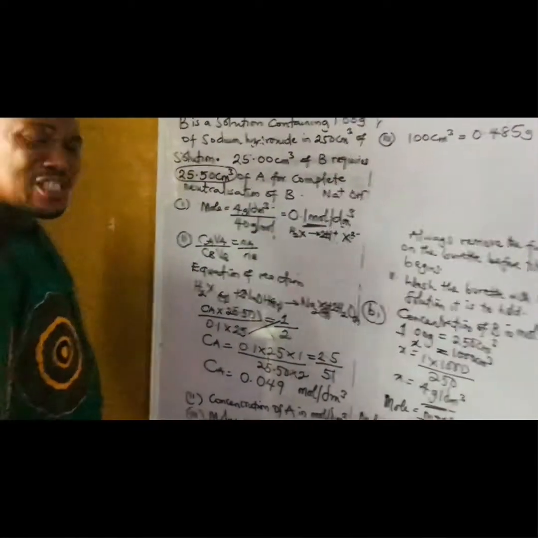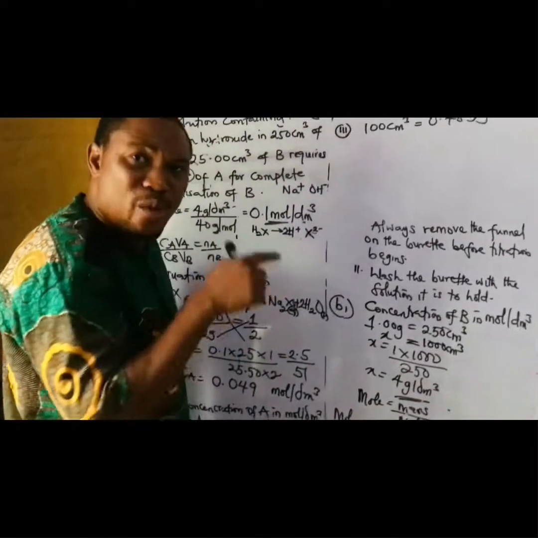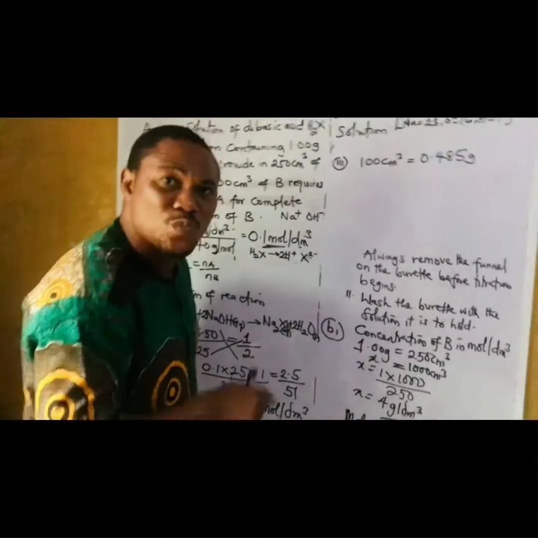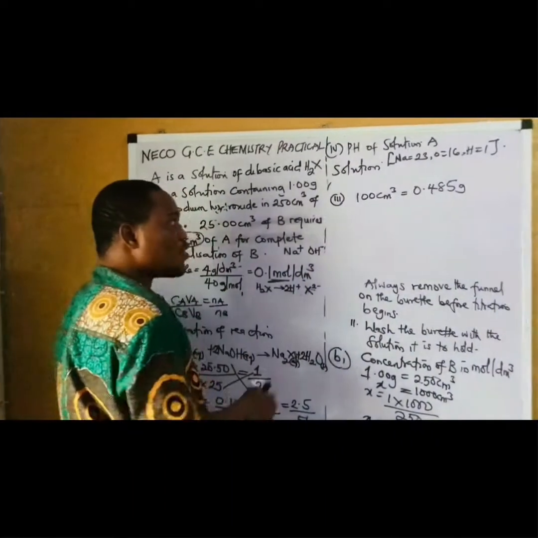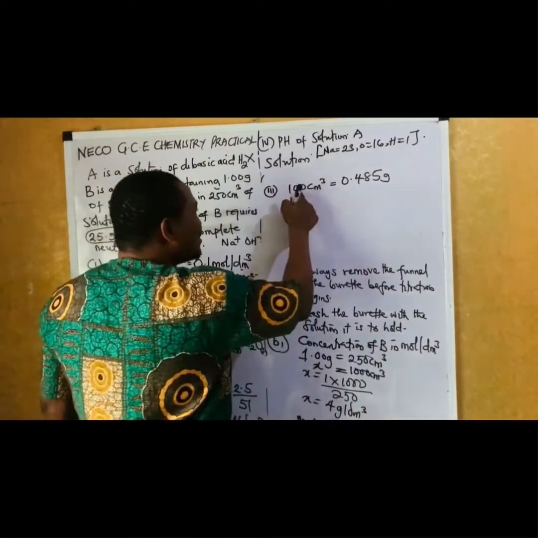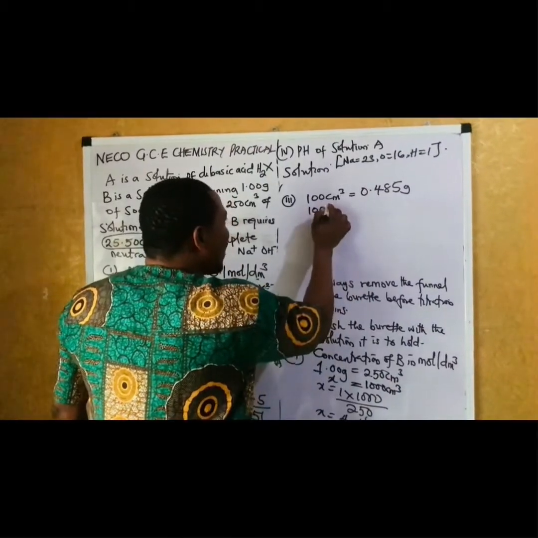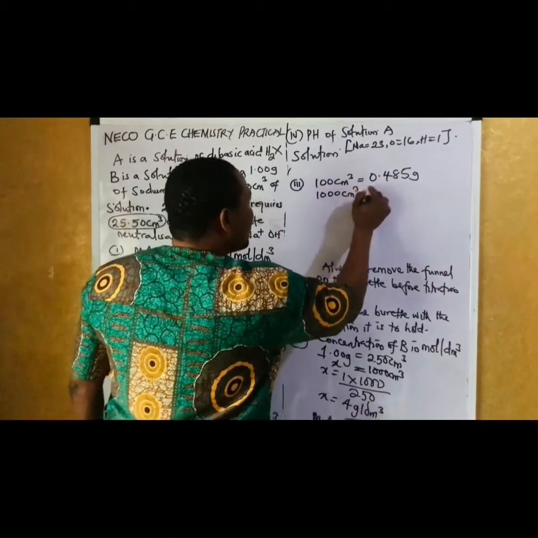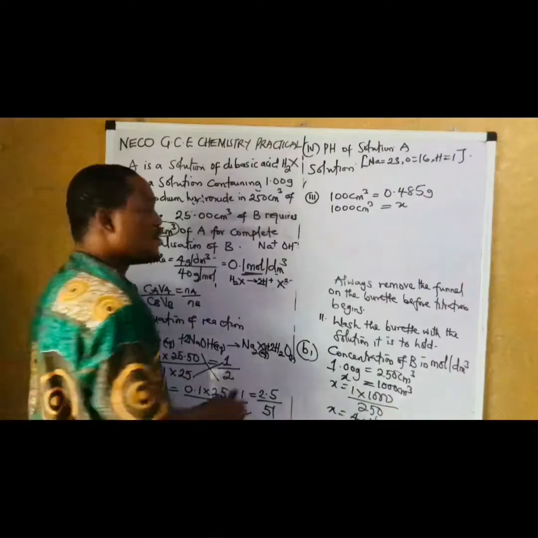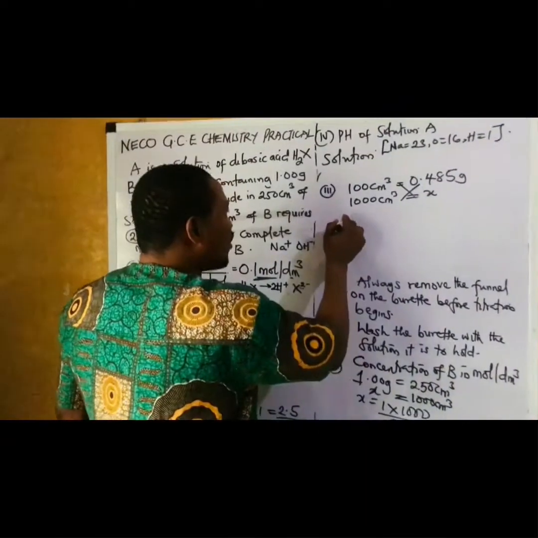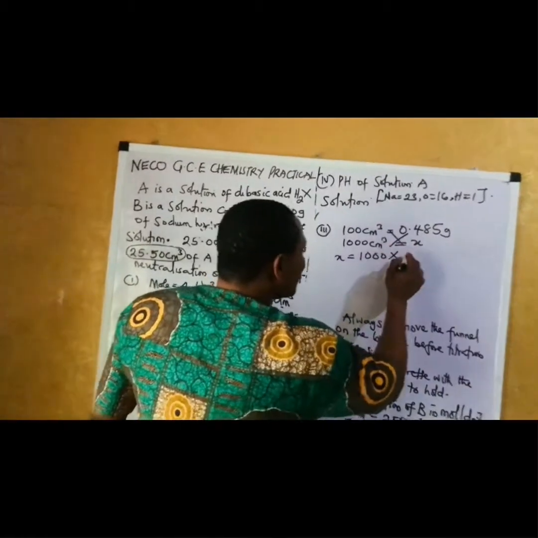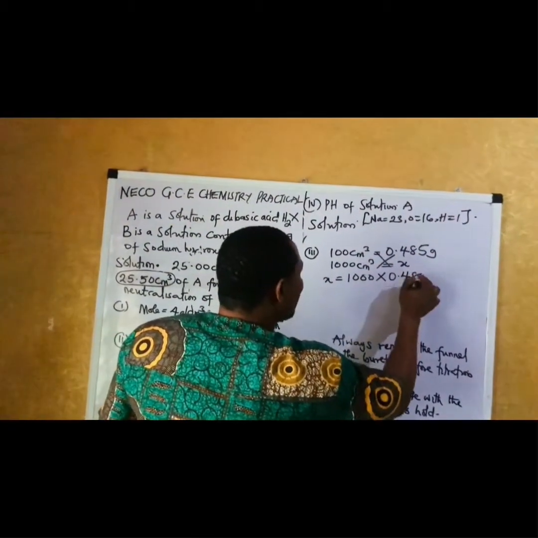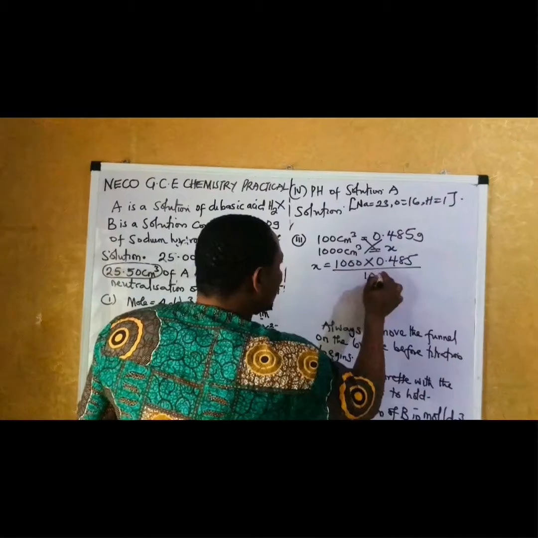Now, did I just say that the standard measurement in the laboratory is 1 dm cube, which is 1000 centimeter cube? So I need to convert. How do I convert? I say, if 100 centimeter cube has this, then 1000 centimeter cube has x. Can you see that now? So from here we cross multiply. We're going to have x equals 1000 times 0.485 over 100.